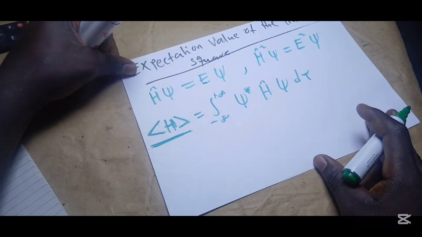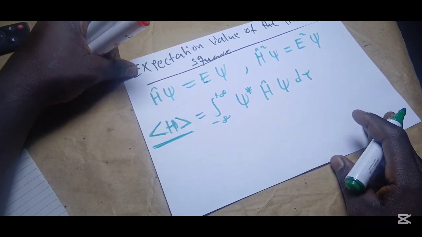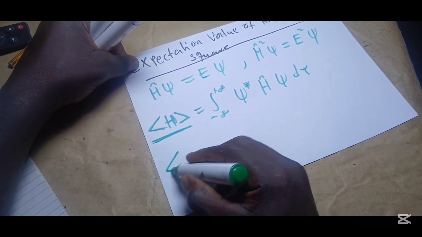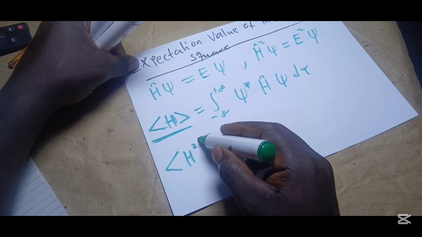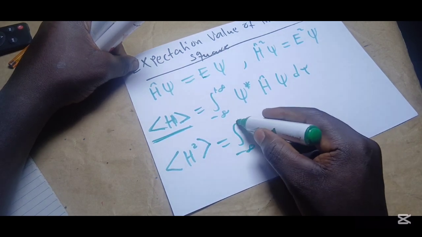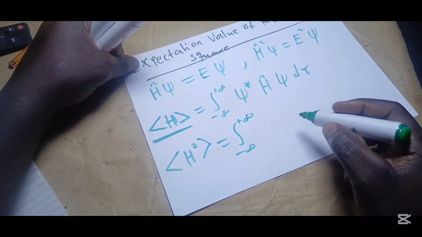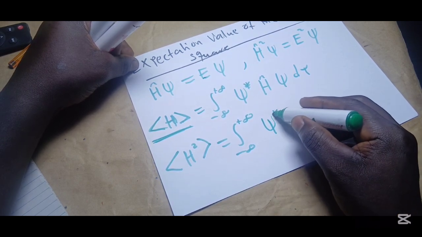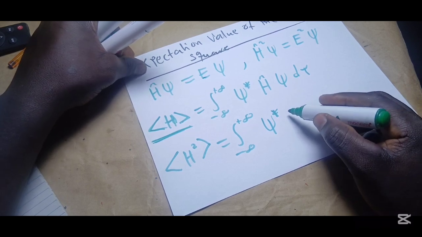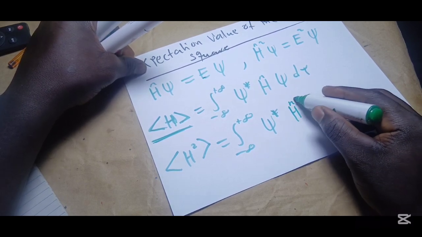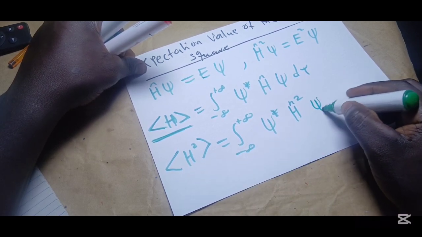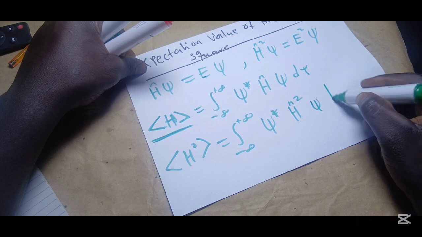So we have to look at the expectation value of the Hamiltonian square. The expectation value of the Hamiltonian square equals the integral from negative infinity to positive infinity of the complex conjugate of the wave function, the operator of the Hamiltonian square, then psi, dx.